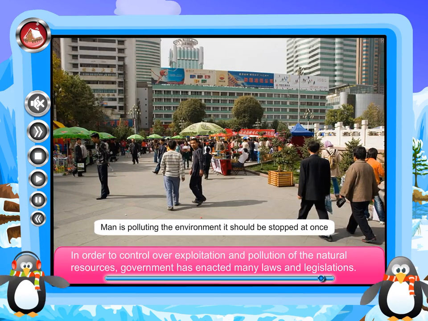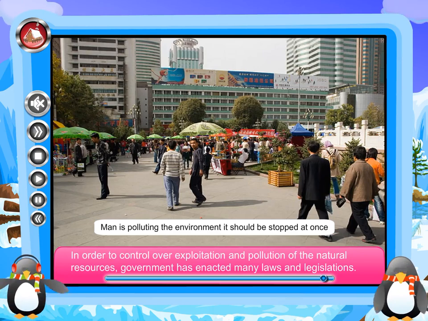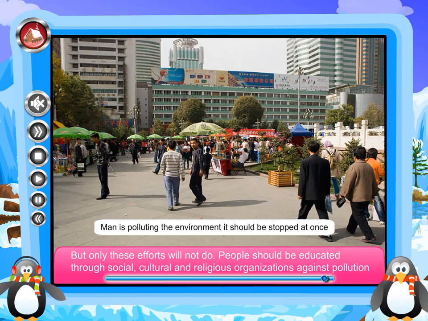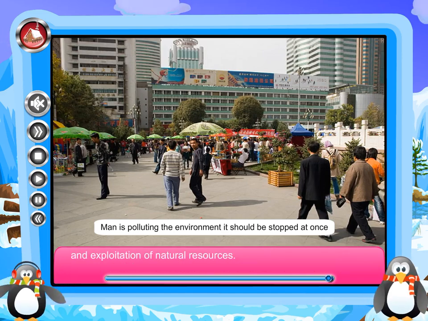In order to control overexploitation and pollution of the natural resources, government has enacted many laws and legislations. But only these efforts will not do. People should be educated through social, cultural, and religious organizations against pollution and exploitation of natural resources.